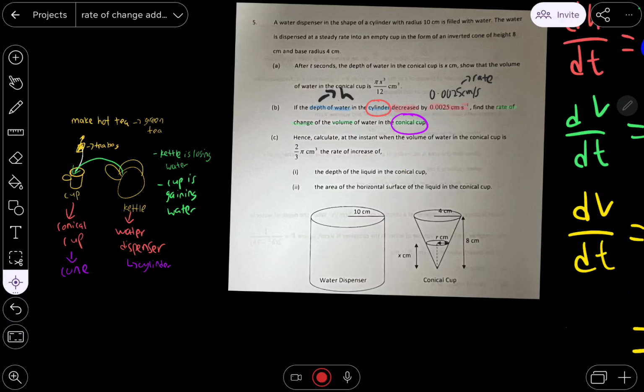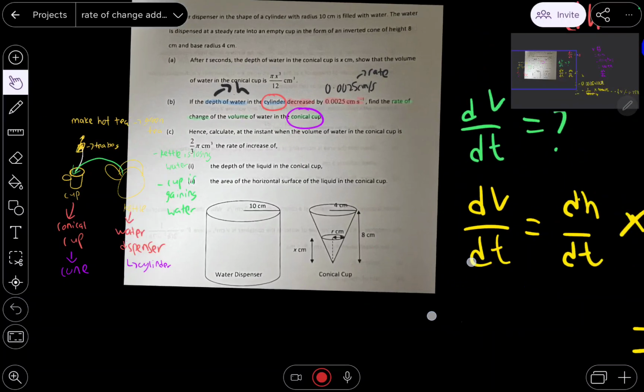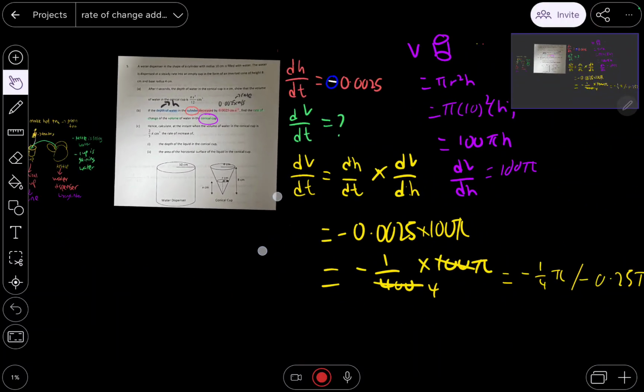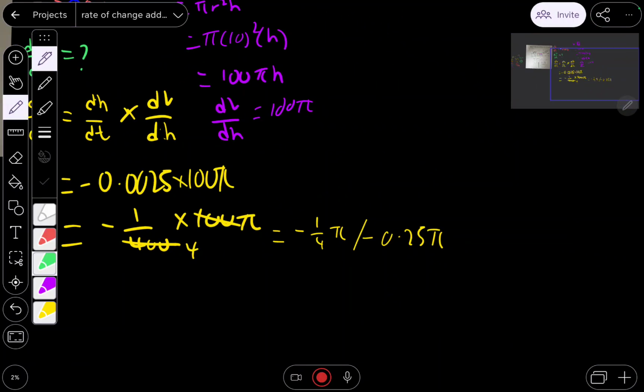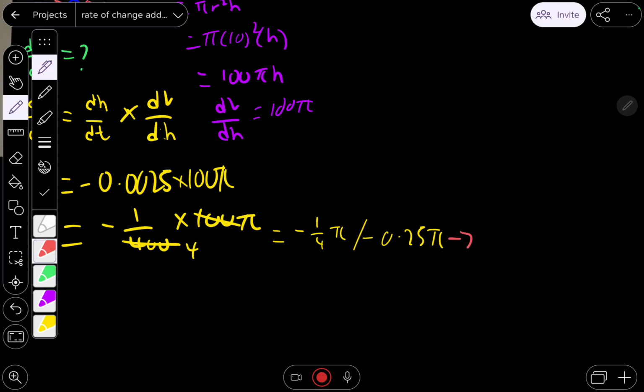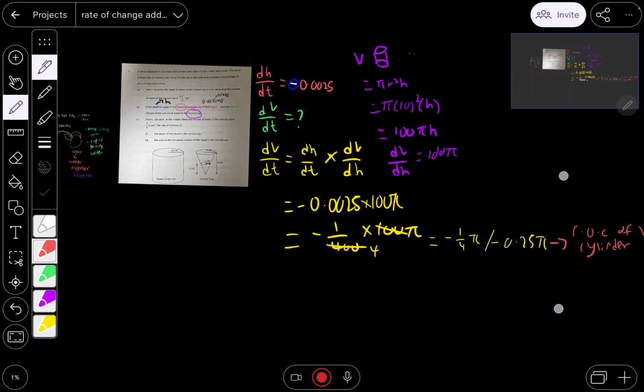Now, you know that the rate of change of volume, this one over here, this is what the examiners like to test. This one over here actually is the rate of change of the volume of your cylinder. You see it now?